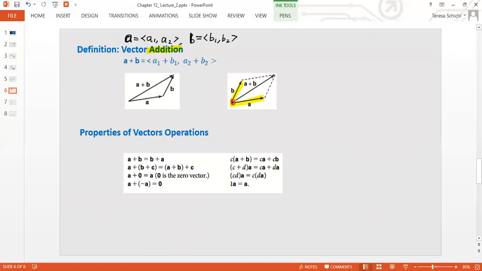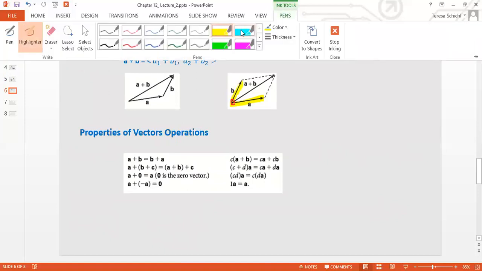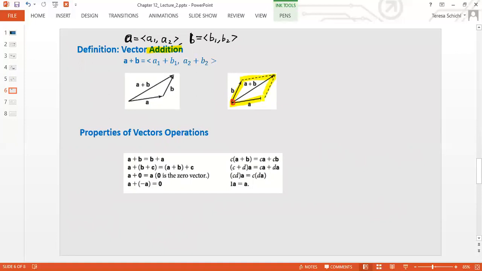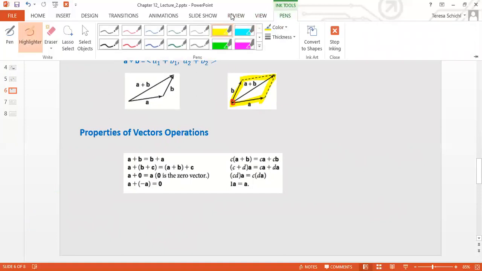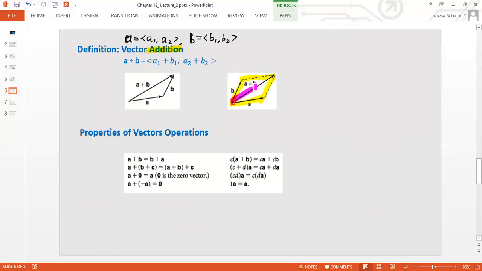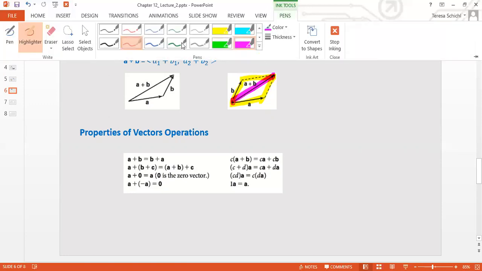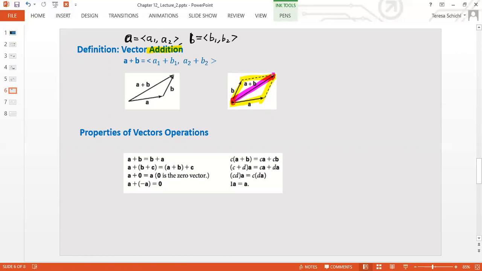So the A and the B span a parallelogram. Then the A plus B will just be the diagonal of this parallelogram, still starting from the same initial point. So that is A plus B.